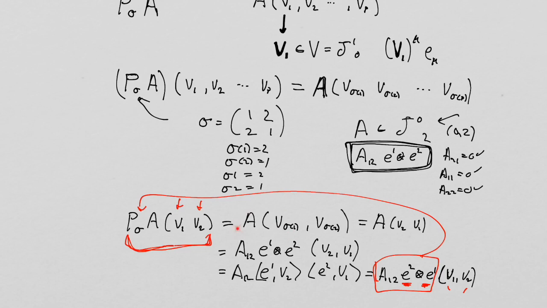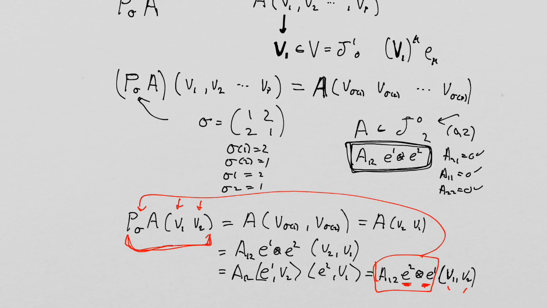So I can take A and reshuffle the basis vectors to create P sigma A and then operate on two vectors, or I can define the sigma transpose of A as A operating on the shuffled vectors. It's really the same thing, but this is the definition of how P sigma A functions.